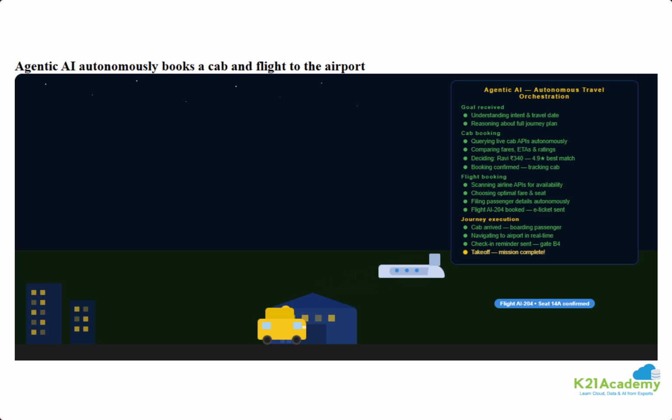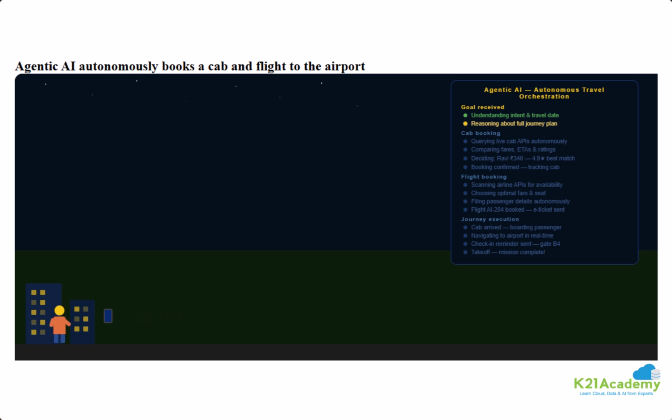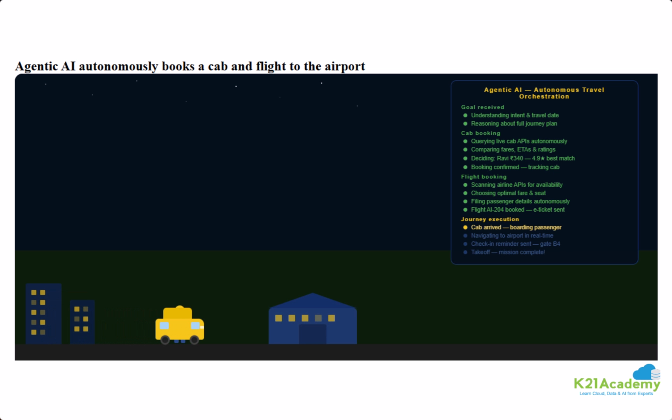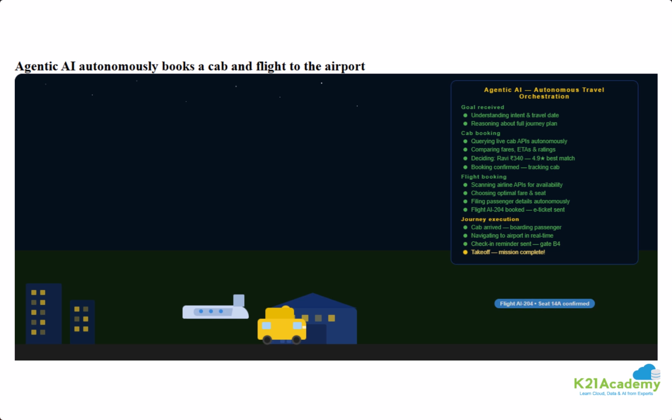For example, in this use case, I might write to my agentic AI application that I want to reach airport. I've got a flight at, let's say, 9 p.m. today, and I want to reach 2 hours before, or I want to reach 3 hours before, considering it's an international flight.